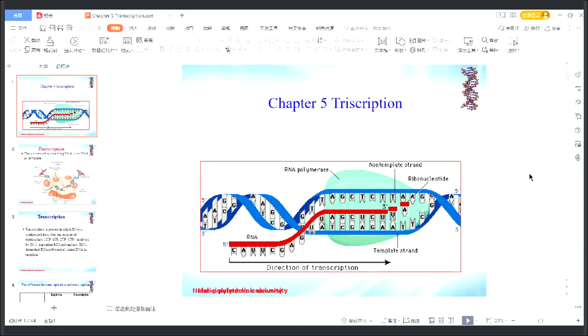So, another thing to pay attention to: at that time only one strand acts as the template and directs the synthesis of the RNA, and the other strand doesn't take part in and doesn't direct the synthesis of the RNA.